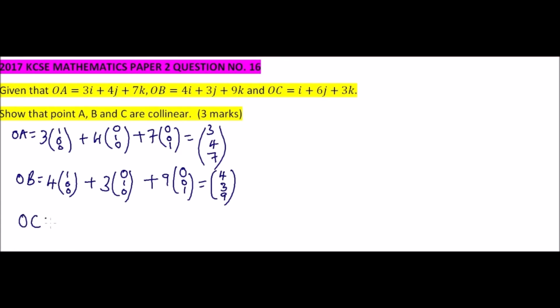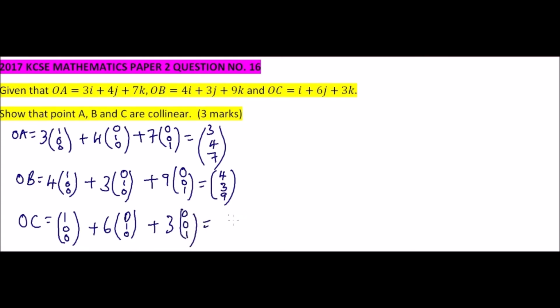We do the same to our vector OC. So OC is equal to, we are given it is i, so it is 1, 0, 0. Then plus, the other one is 6j, so it is 0, 1, 0. And plus, the other one is 3k, so it is 3 times 0, 0, 1.